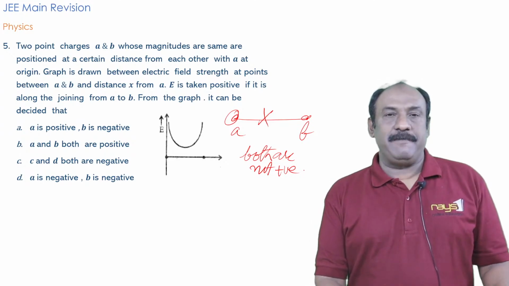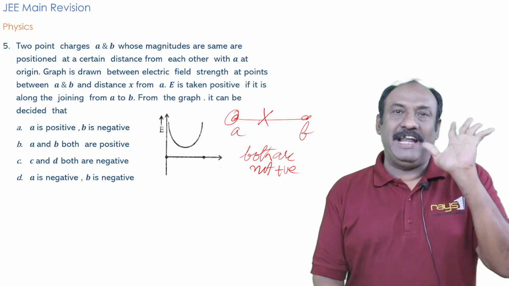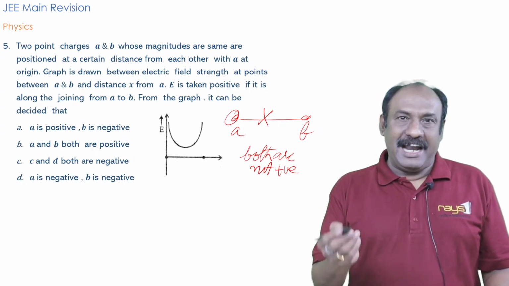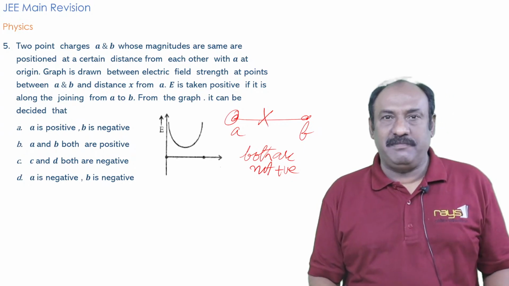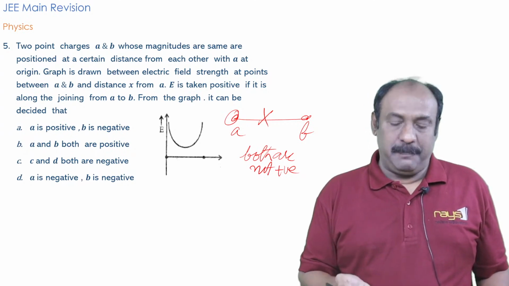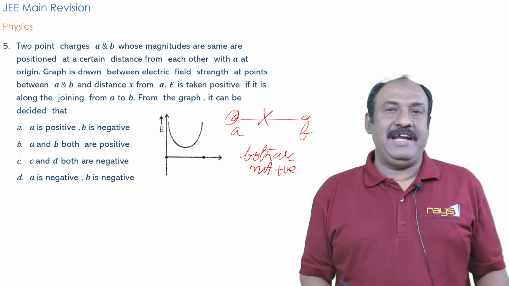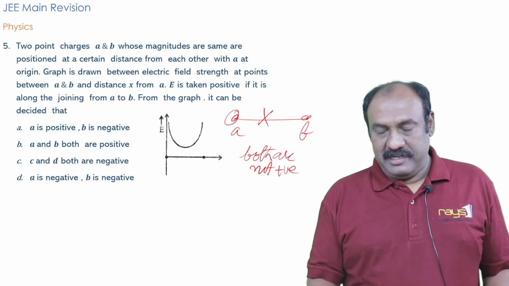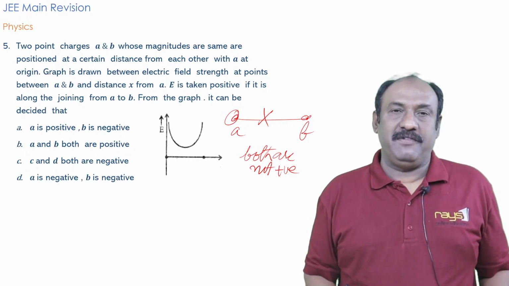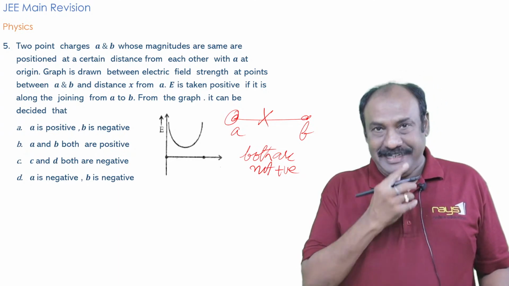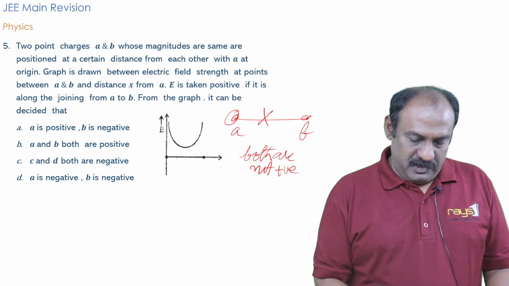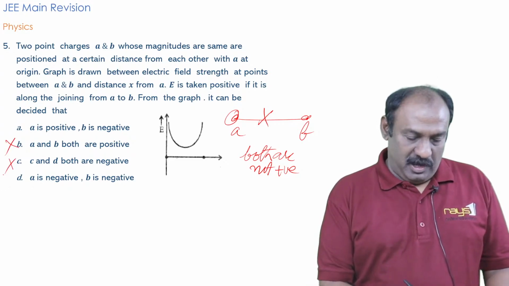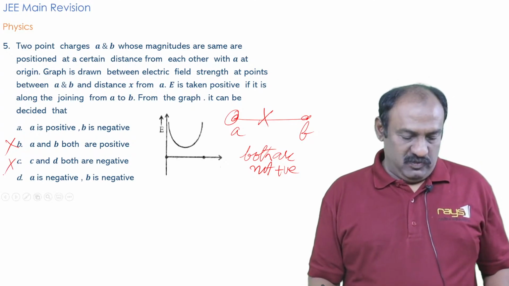In a similar way, if both charges were negative, we would have a null point at the midpoint, but that is also not observed in the graph. So both are not negative. Both positive is wrong, and both negative is also wrong.